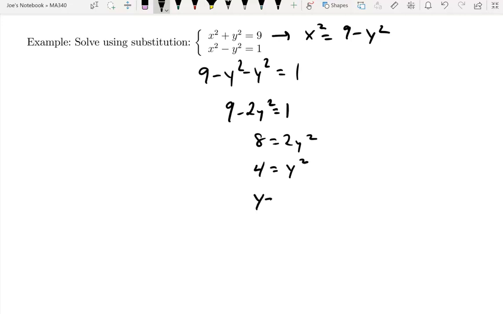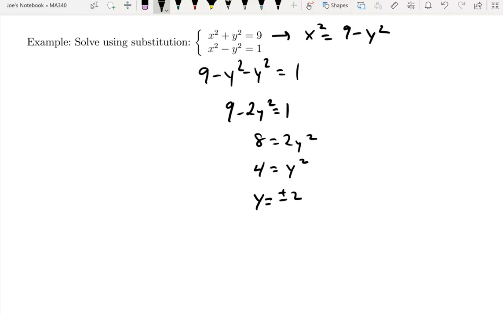What do you get when you take the square root of both sides in this case? Plus or minus 2. Good. So far so good? We okay with that part? Cool. All right.